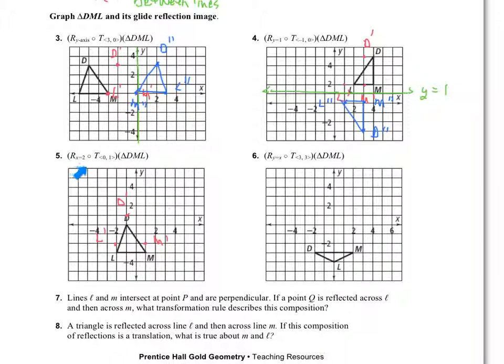Then we need to reflect over the line x equals 2. So we want to plot 2 on the x-axis right here, and I want to cut the x-axis into 2 pieces at that point. So the only way to do that is with a vertical line. So this becomes x equals 2.